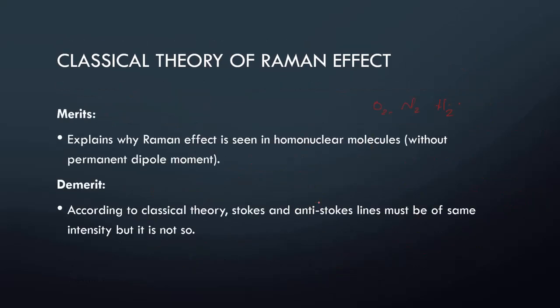Therefore, the intensity of the Stokes lines and the anti-Stokes lines must be the same, which is not the case. So the demerit of this classical theory is that it couldn't explain why the Stokes lines are much more prominent than the anti-Stokes lines. We will try to address this idea with the quantum theory.